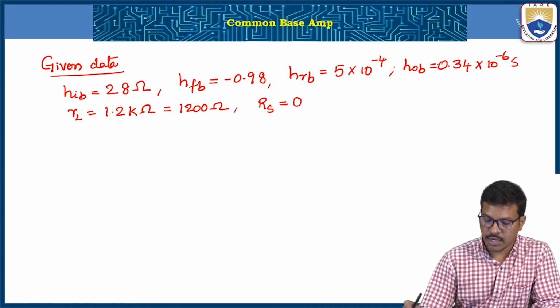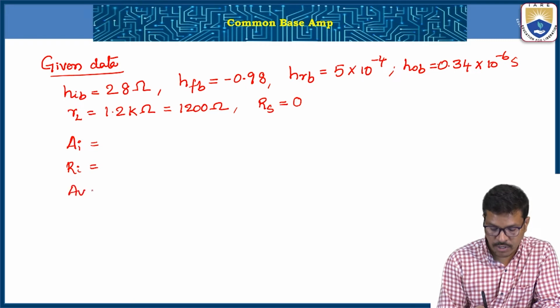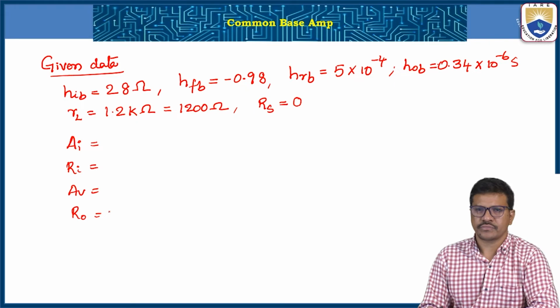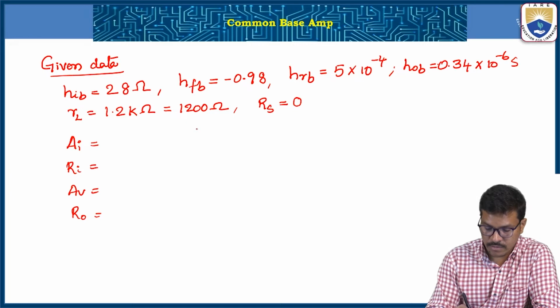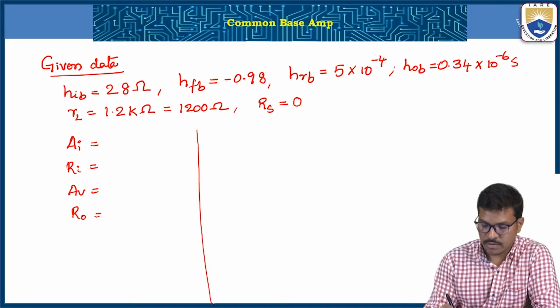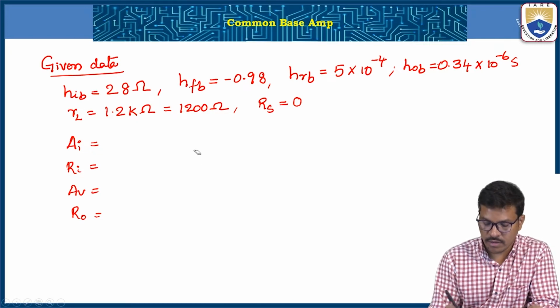Find out AI, RI, AV, R naught. So let us see one by one.